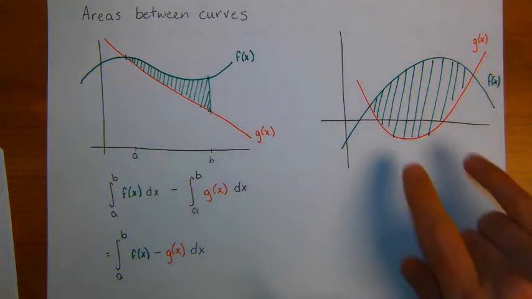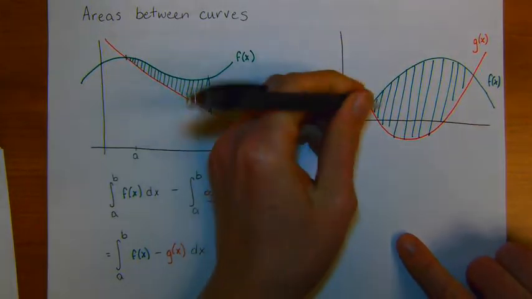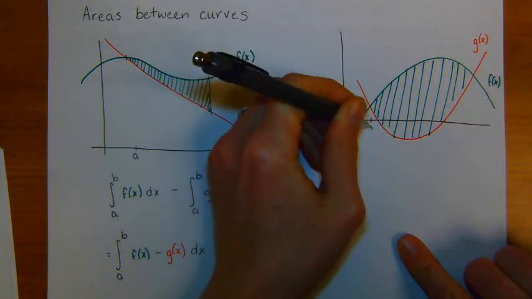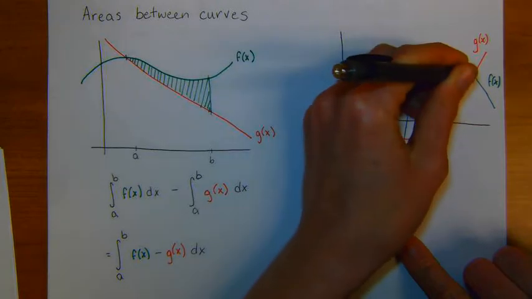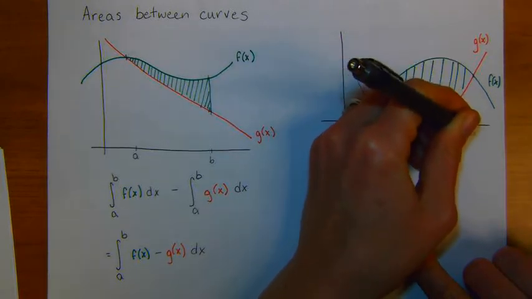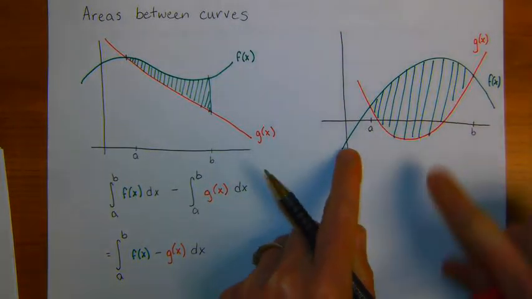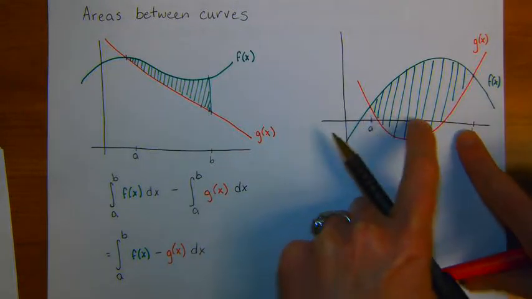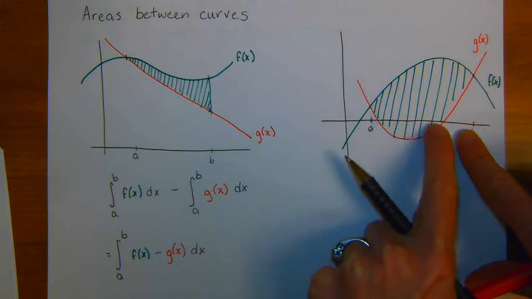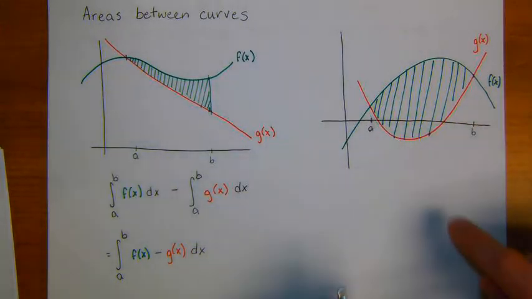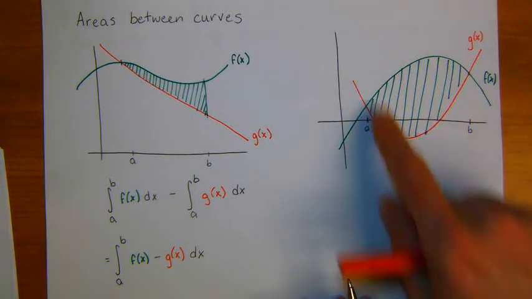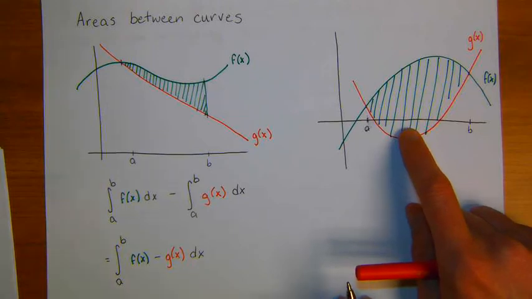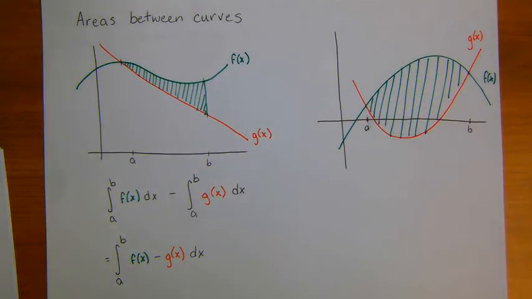That, like we did before, even if I have my integral going from this intersection point a to this, in this case, an intersection point b, it's going to be the integral of the top curve minus the integral of the bottom curve, because this negative area is going to be subtracting a minus, which will end up contributing to a positive area between these two curves.